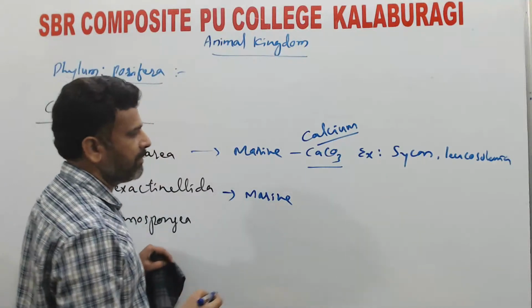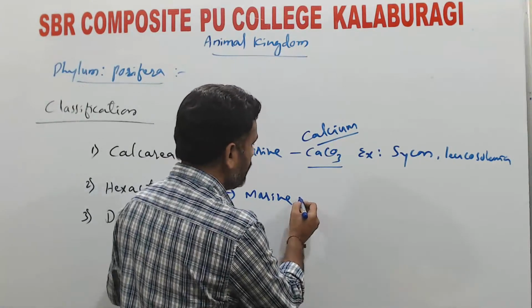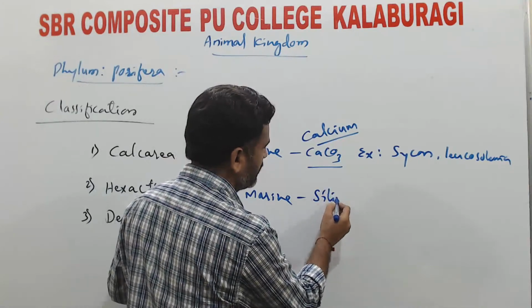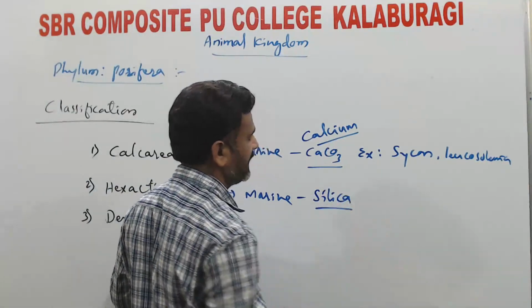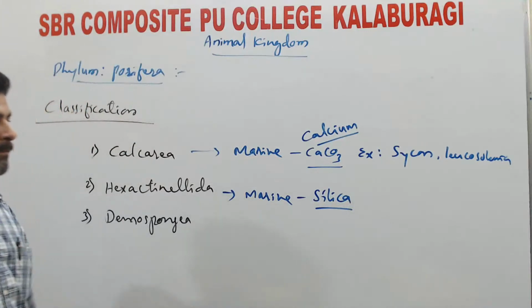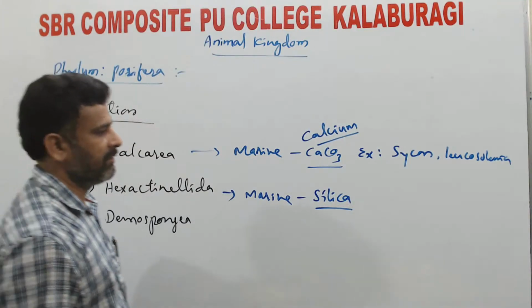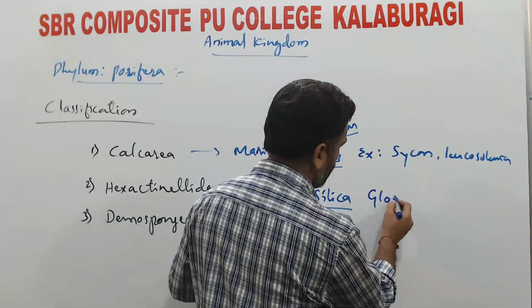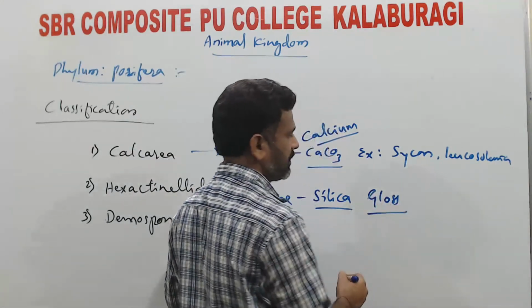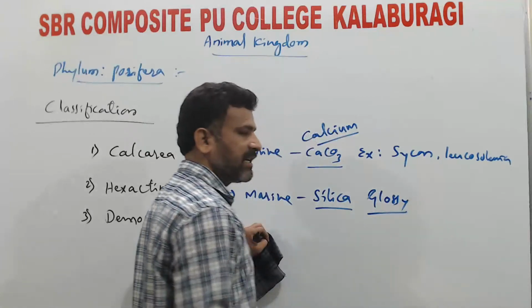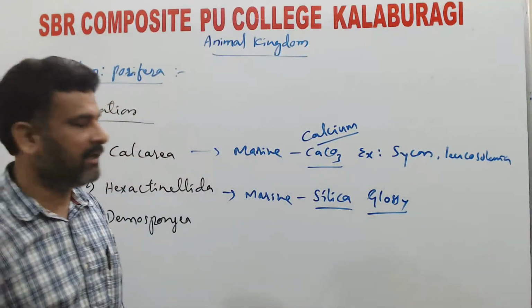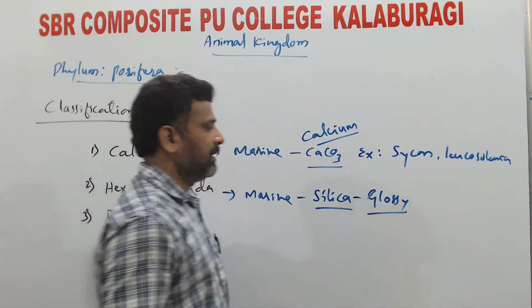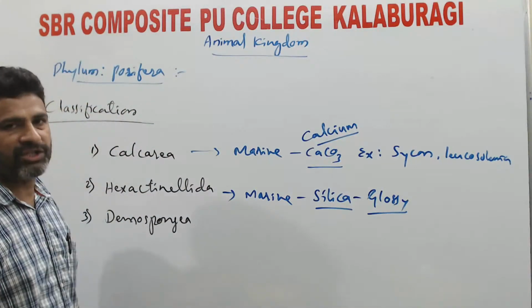Then Hexactinellida. These are also marine individuals, where their internal skeletal structure is mainly made up of silica. That's why they look somewhat glossy, meaning somewhat shiny.